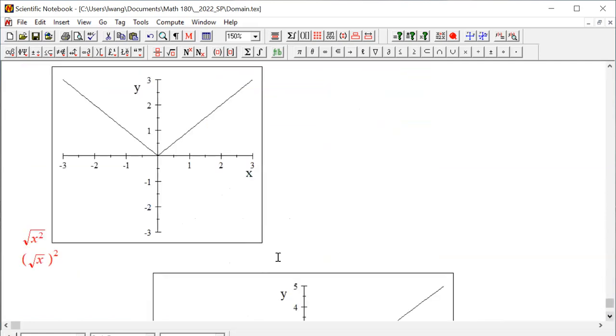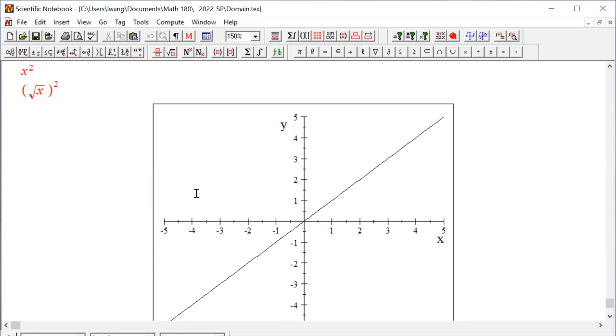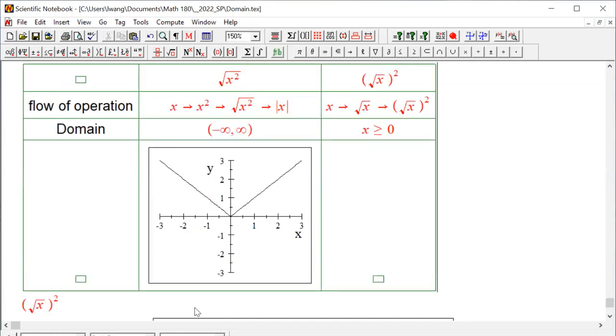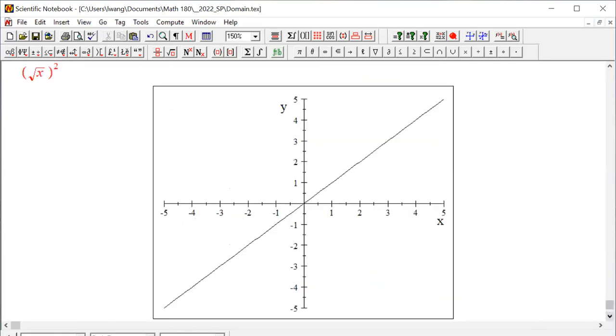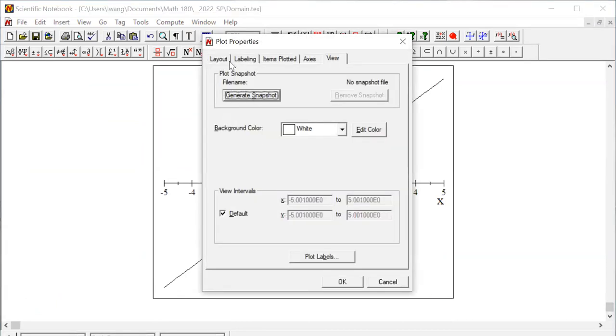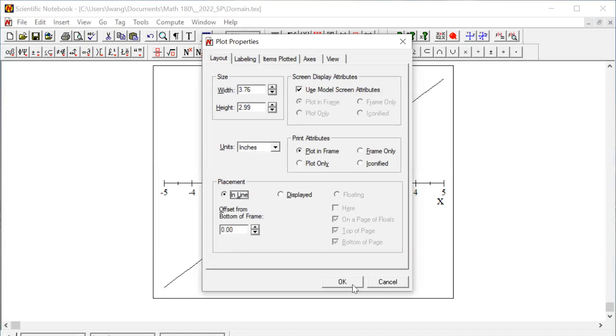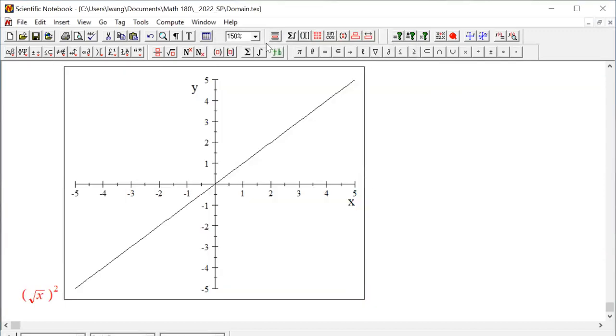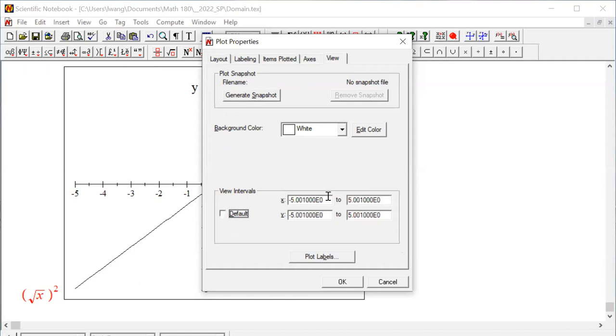And the other one would be this piece. I'm going to make the scales comparable with the other one, which is also between -3 and +3.